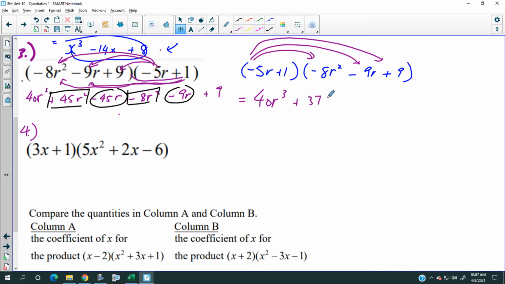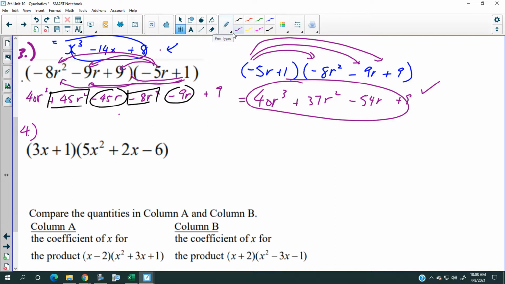Positive 37R squared. Oh, these are both 45, that's why. Negative 45 minus 9, that's negative what, 54? Plus 9, like that, all right? If you got that right, I'll give you a high five right now. So here we go, high five. Okay, now moving on, last one.